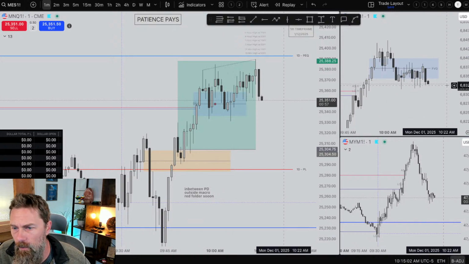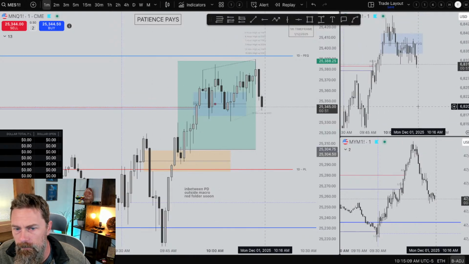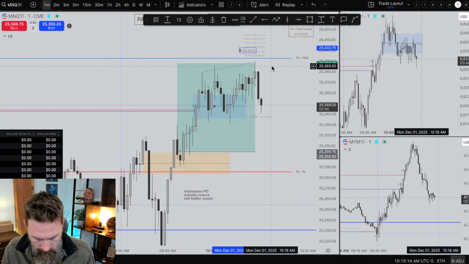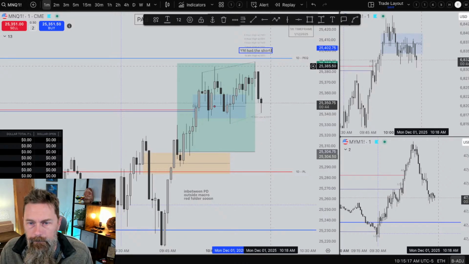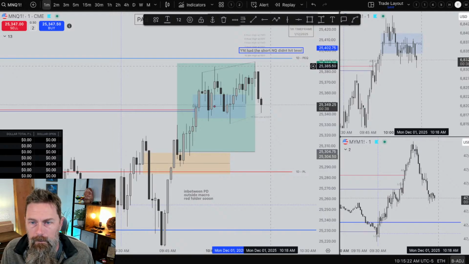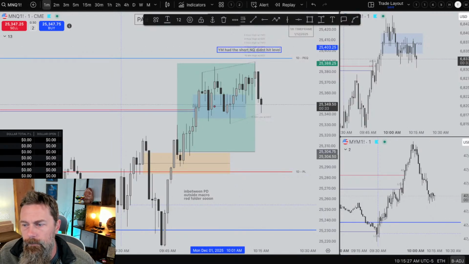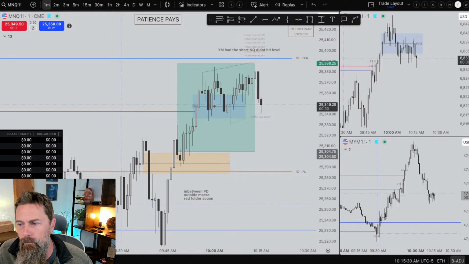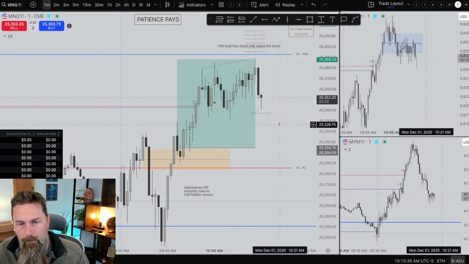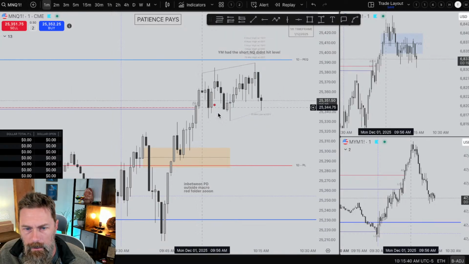It would be against my overall bias though, but with this liquidity below, so not very clean.